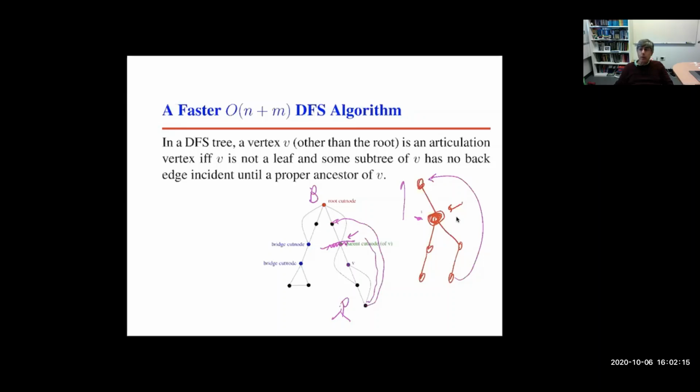Any questions? The code is in the book, and I encourage you to take a look at that and try to understand it as a more complicated depth first search algorithm. But any questions about finding a cut node in a graph and seeing that this really does it?